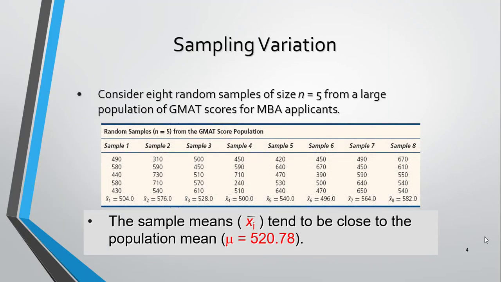Let's consider 8 random samples of size n equals 5 from a large population of GMAT scores for MBA applicants. Most of you probably have taken the GMAT test and had your GMAT scores. I took my GMAT years ago when I was applying for my MBA program at Georgia State, the professional MBA program, and I forgot how much I scored.